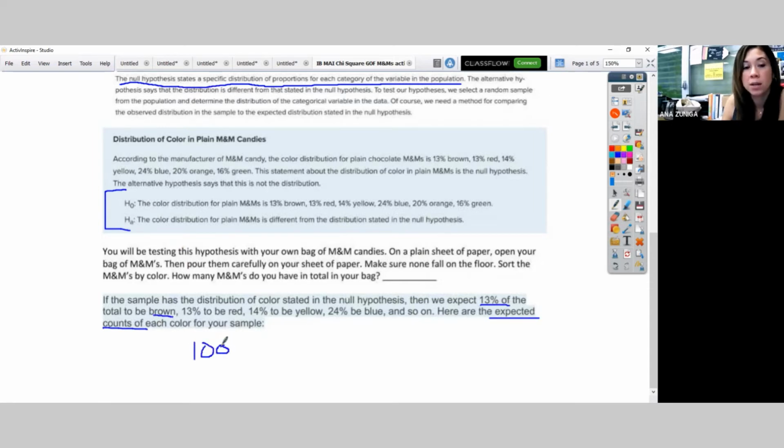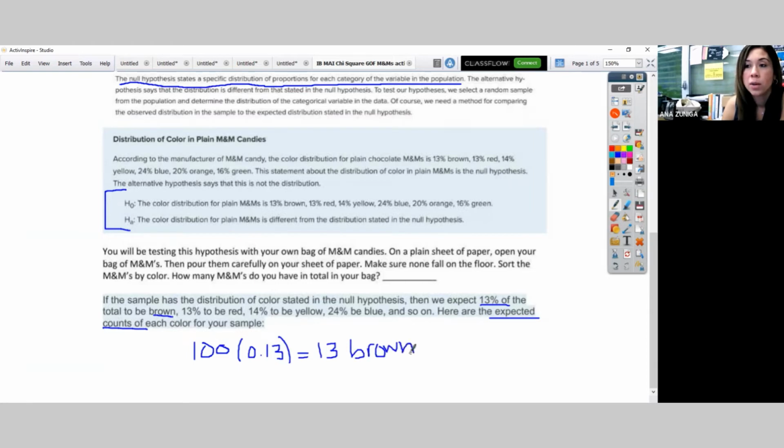Yours will probably not be 100. So whatever your total is, 89, 67, 120, whatever, you're going to multiply it by 13%, which is 0.13. And that means that I should expect there to be 13 brown M&Ms in my bag.